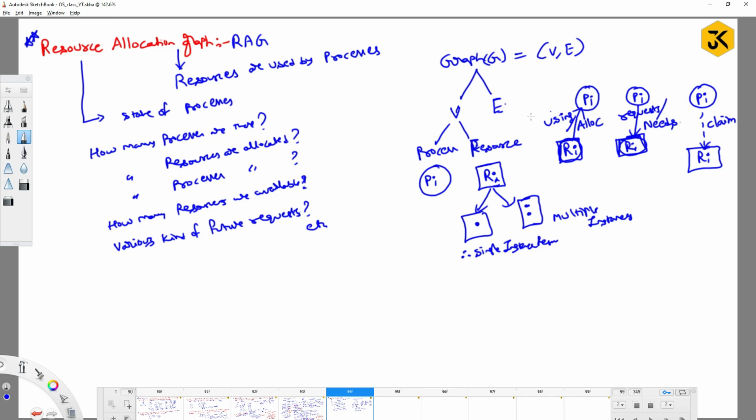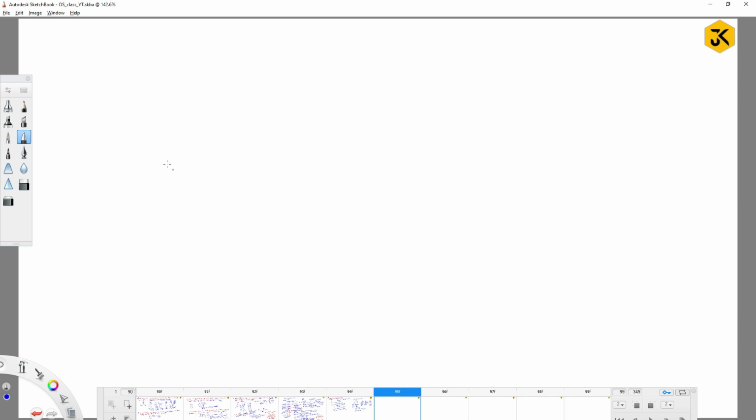So if your graph is a collection of all these elements, I can call it a resource allocation graph. For example, let me draw one example. There are processes P1 and P2.